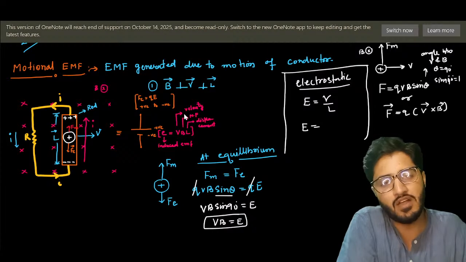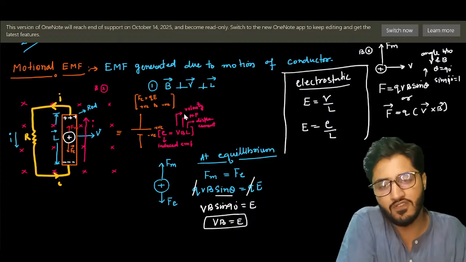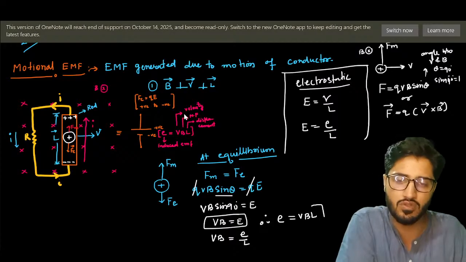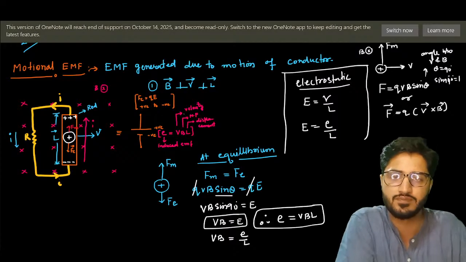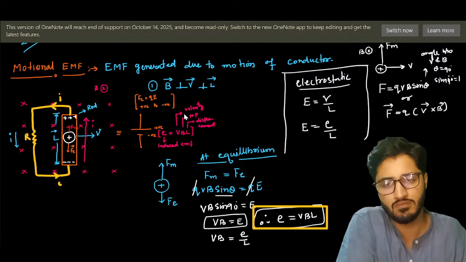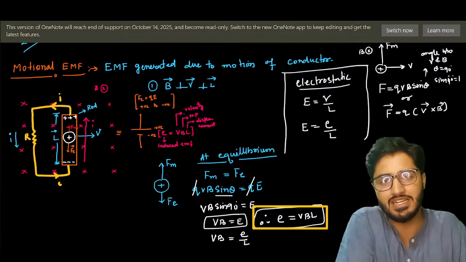Here, instead of V, I will write E, and L is L. So VB equals E by L. Therefore, the induced EMF E equals VBL. This was my derivation.